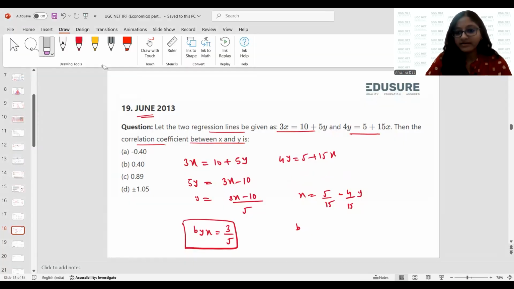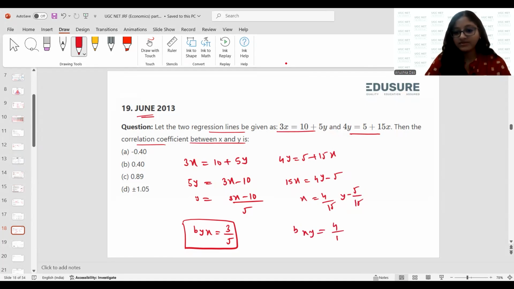Okay, so here I have made a mistake. Sorry for that. Let me correct it. So 15x will be 4y minus 5, and x will be simply 4 upon 15 y minus 5 upon 15. So what will be the regression coefficient of x on y? This will be simply 4 upon 15.